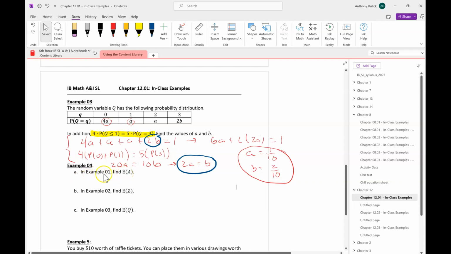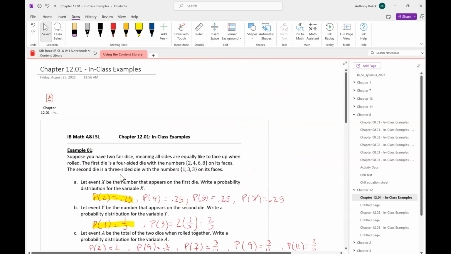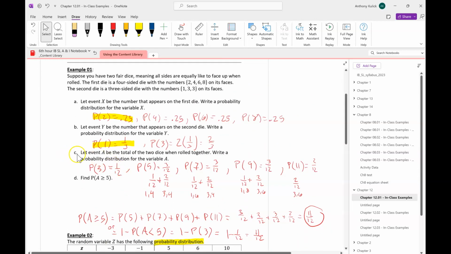So if we go back to example 1, part C was the one with A, and it wants the expected value. That's going to be the outcome times the probability of that outcome, for all outcomes, and then just add them up.